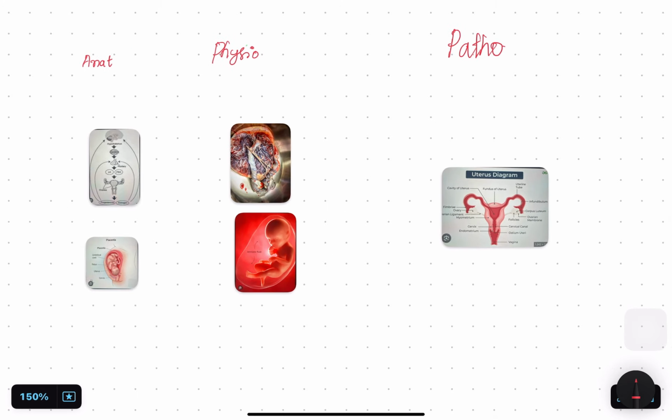See, whenever you are studying a subject, as we discussed in the earlier class, we will divide it into basic, pre and paraclinical subjects. So now coming to the anatomy part, physiology part and pathology part. What are the important things in anatomy? Pregnancy constitutes three lives: father, mother and fetus.